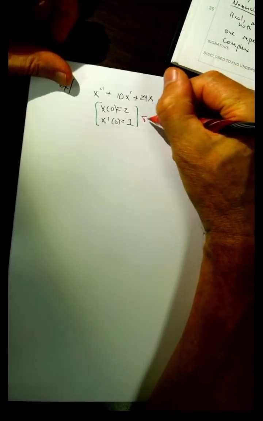And basically we didn't solve for the constants. Because we're given two pieces of information, we're now going to find the particular solution. Okay, so the way we're going to do this is we're going to find the general solution first, then we're going to use the initial conditions to figure out the values of the constants.